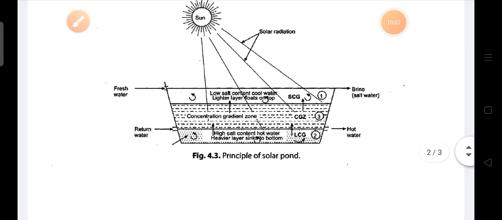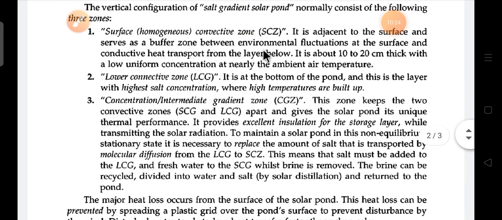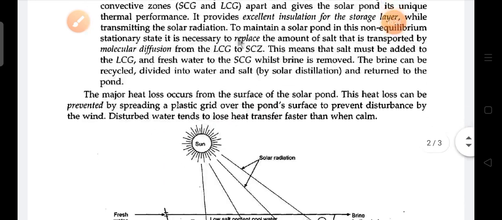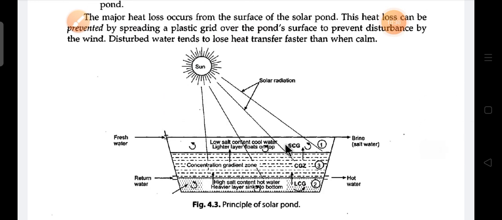Here you see this is the pond, and it has three levels: level 1, level 2 and level 3. Level 1 is the surface convective zone.